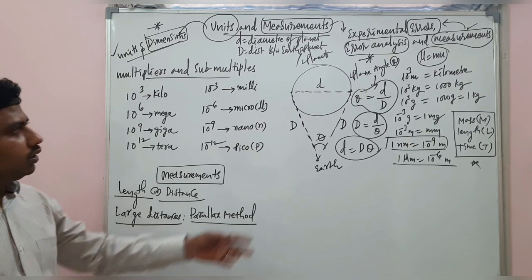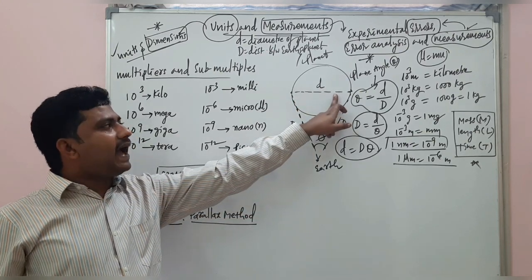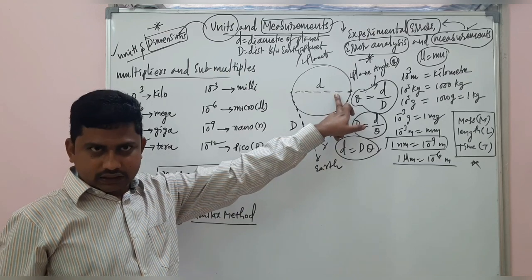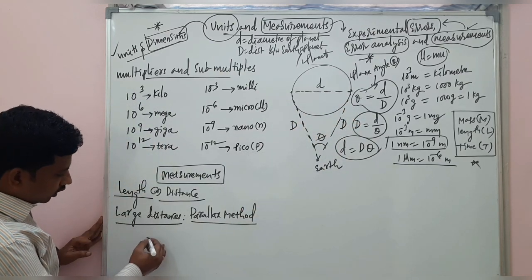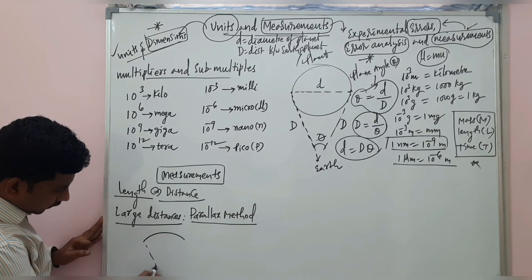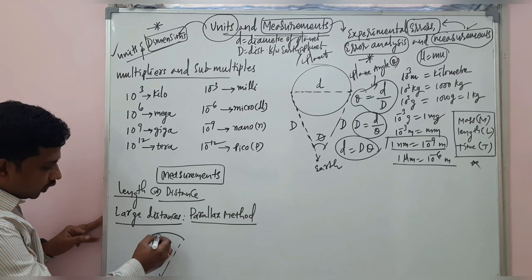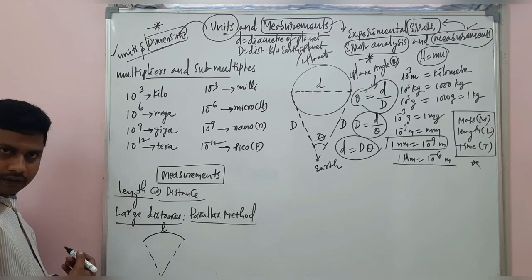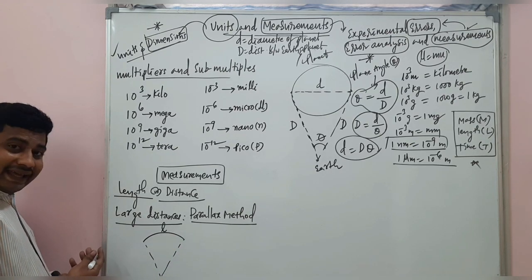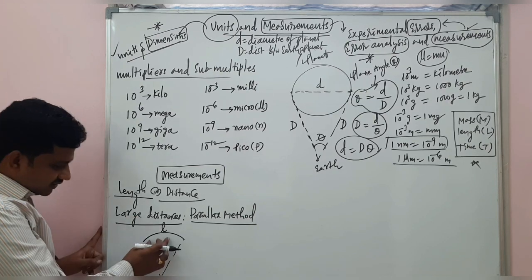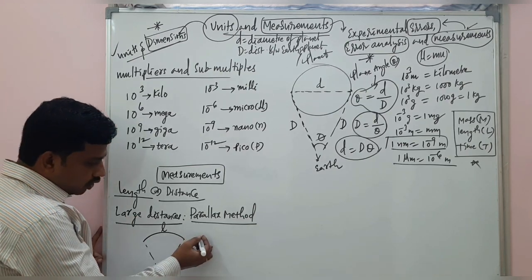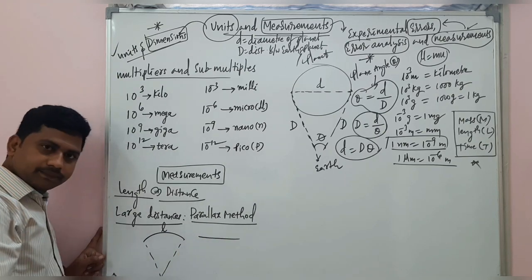You may get a doubt: how will this act as the length of an arc? I'll show you here. Generally, if this is the center of the circular path, this is called the length of an arc. When you take a large circle, when you take a huge circle, this length of an arc will be almost a straight line.